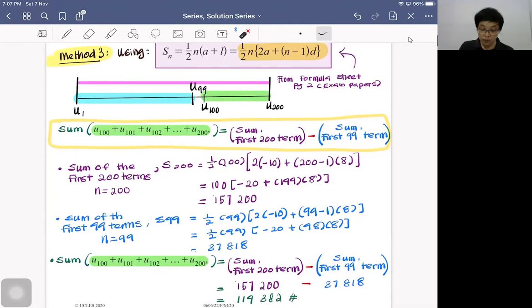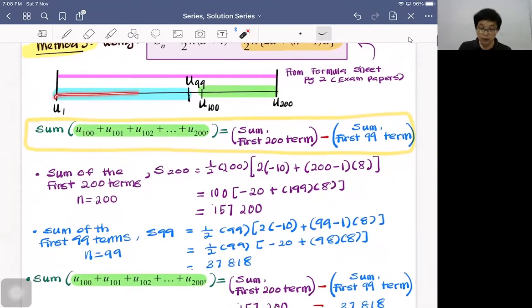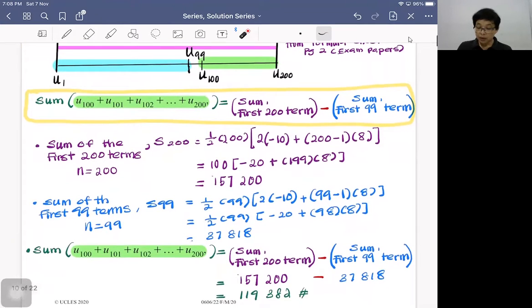There you go. The sum of the first 200, you got 157,200. And then the sum of the first 99 terms, you got 37,880.